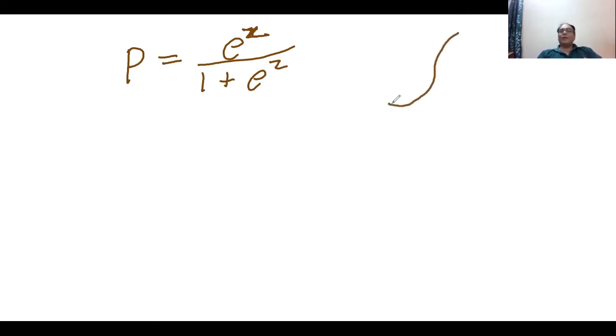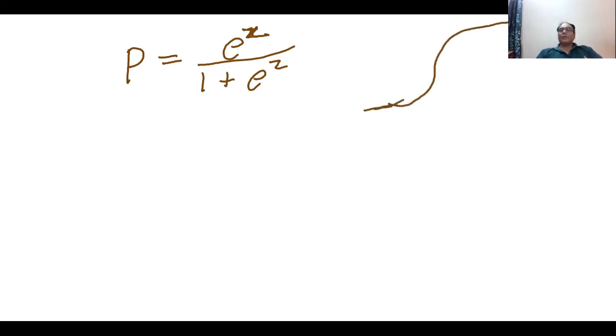Now there is a function called the sigmoid function, and according to the sigmoid function, the probability value is equal to e to the power z upon 1 plus e to the power z. This function gives you the behavior of the probability like this.